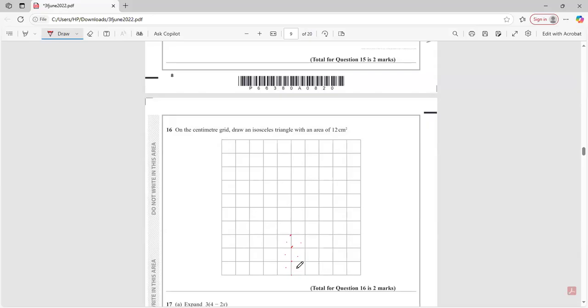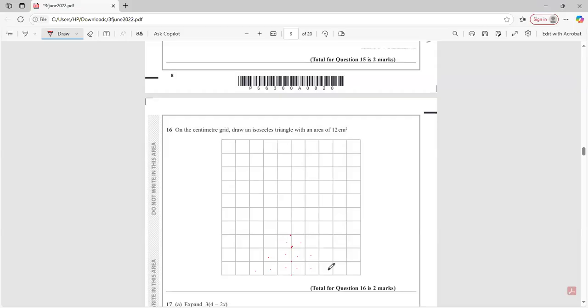So I need 6 to make it up to 12. 1, 2, 3, 4, 5, 6. If those squares are equal, then that will make it 6. Okay. No, I don't know. What do you think? An area of 12 cm squared.